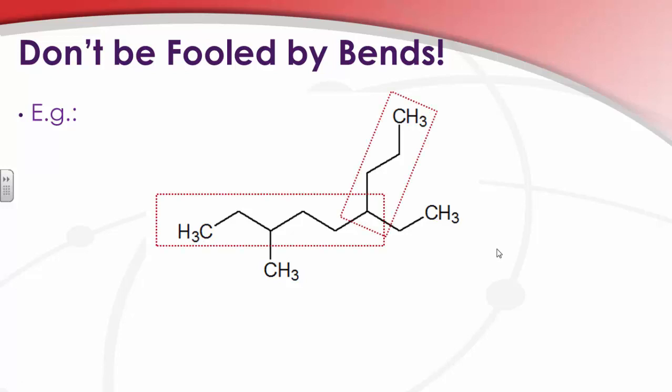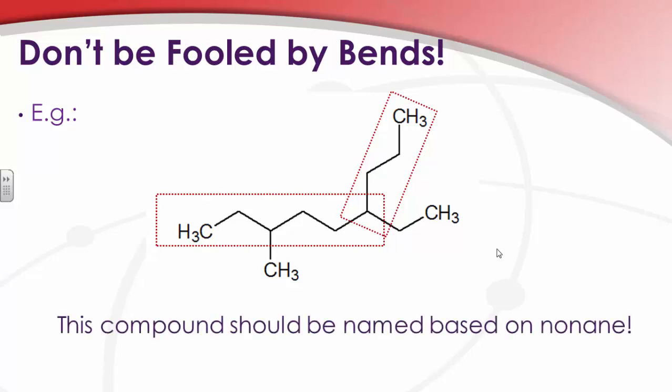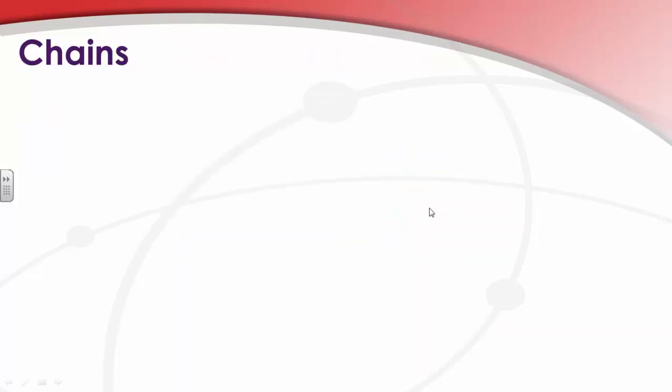In fact, the longest chain involves taking a turn and going up to the top. So instead of being based on octane, this should be based on nonane, or 9 carbons. And the group off to the right will in fact be a functional group we'll account for with the other part of the name.